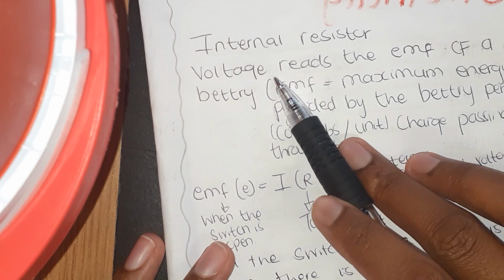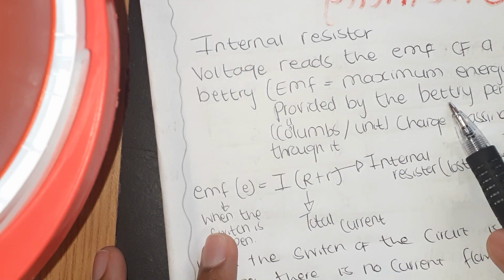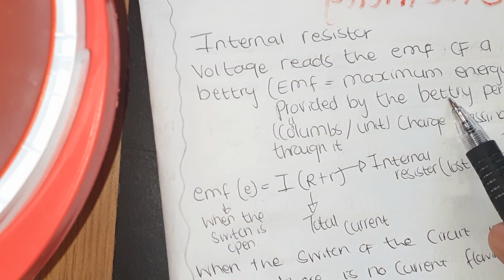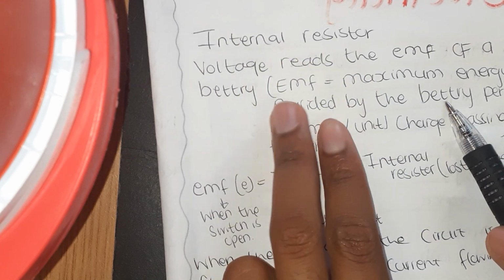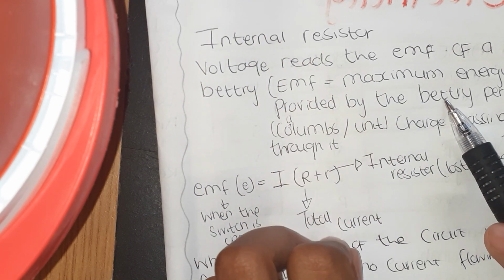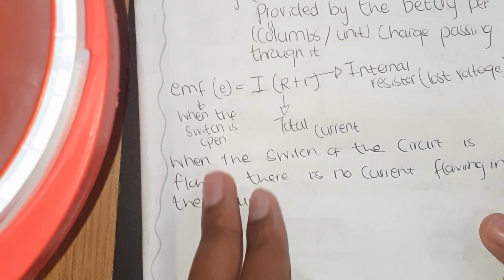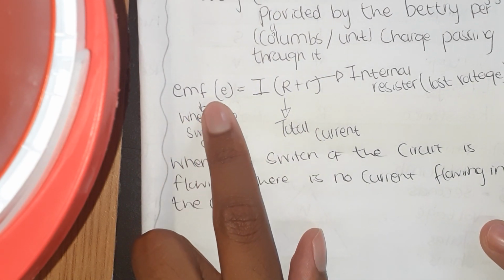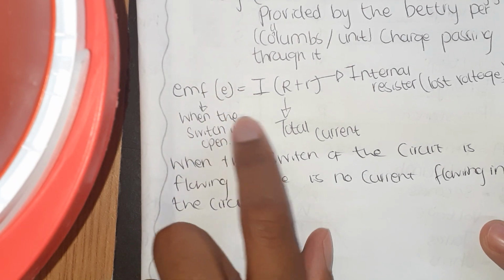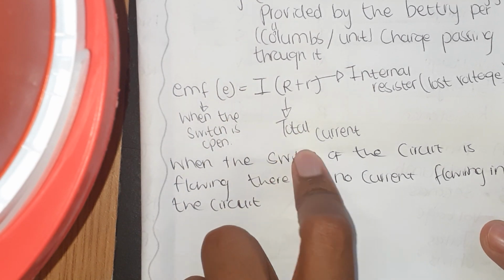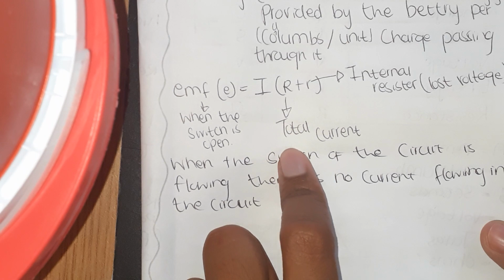So in grade 11 and grade 12, you now have to know internal resistors. You have to know how to calculate them, and we use the EMF, the maximum energy provided by the battery per coulomb unit charge passing through it. So for the EMF here, we have the total current.